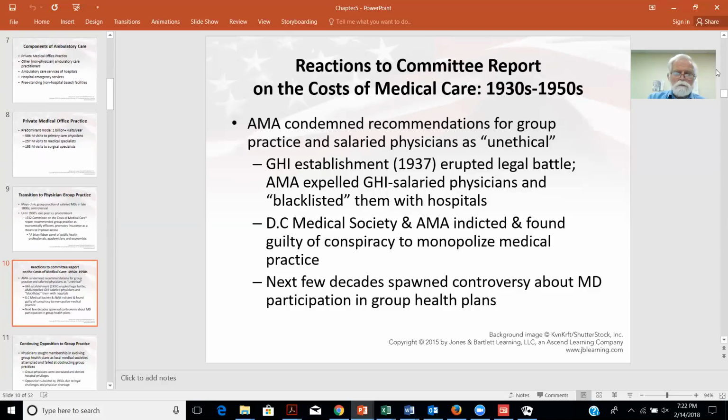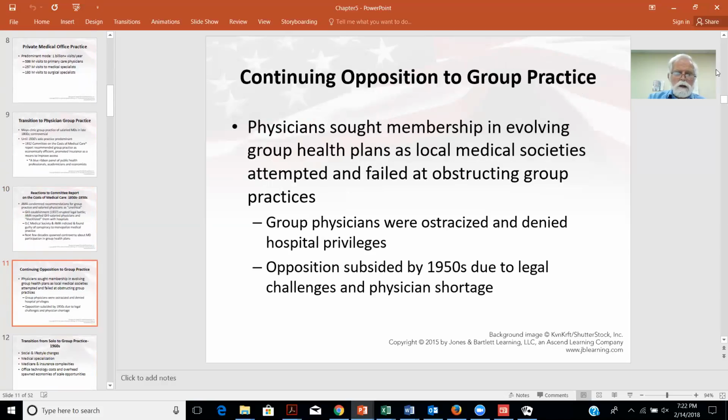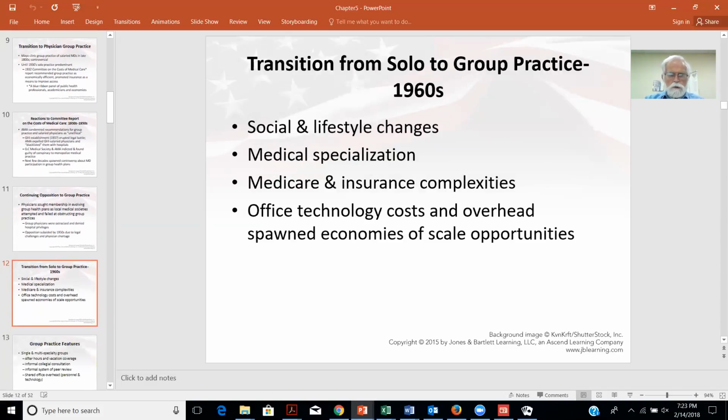It took lawsuits and economic changes before these things stopped. The medical profession was actually sued quite successfully for trying to interfere with commerce in treating patients. So there was a lot of trouble.